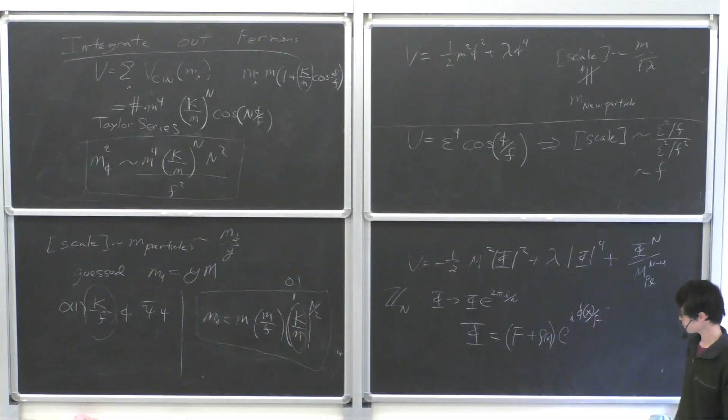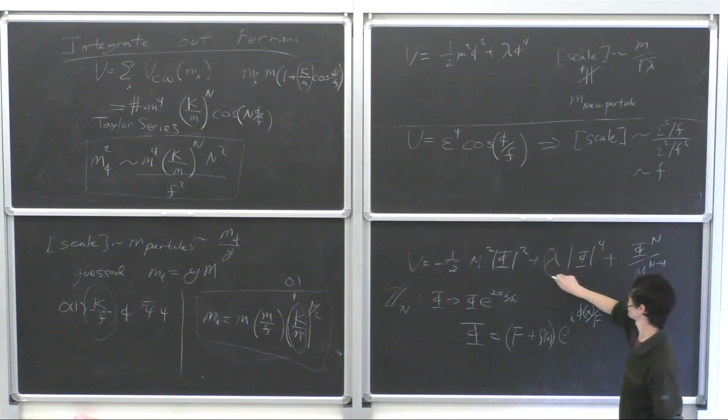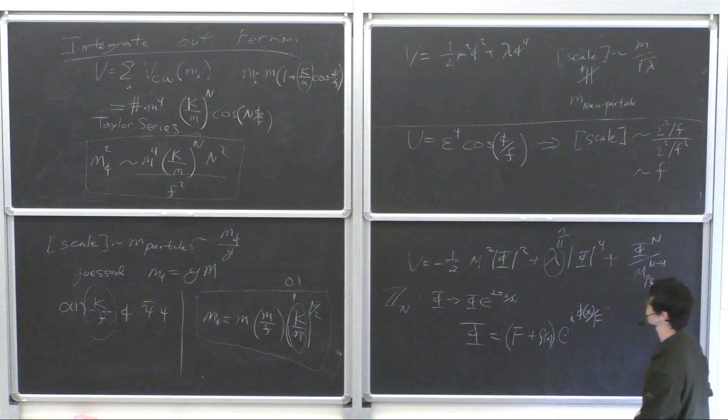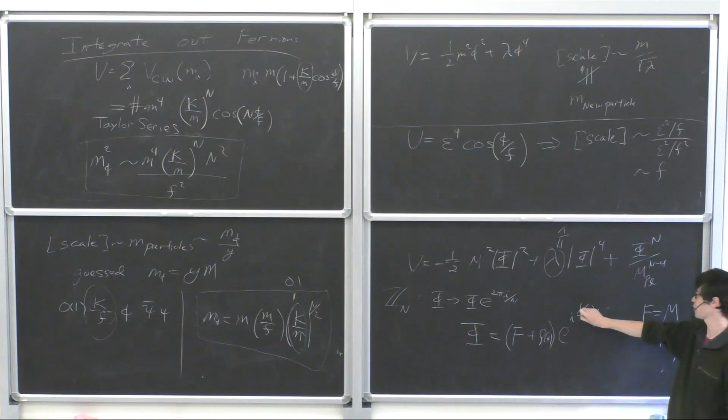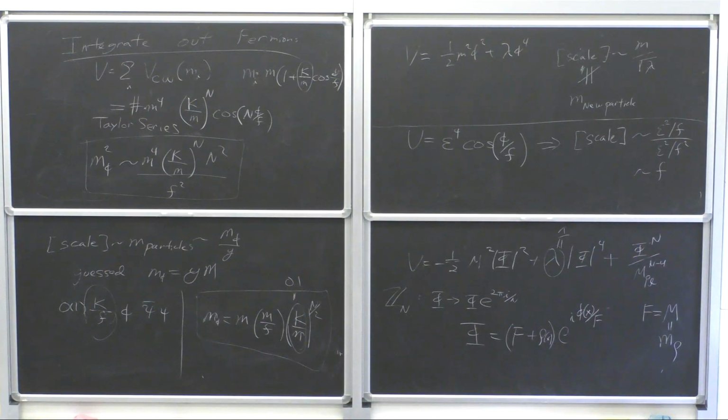Phi, radial mode F rho, where I'm just going to set this equal to 1. So there's one scale in the problem. Capital F equals capital M equals mass of this new Higgs mode, this rho. Right? There might be 2's, square root of 2's, whatever. But there's one scale in this problem. That's the mass. And then the Goldstone boson is massless until we take into account this guy here.